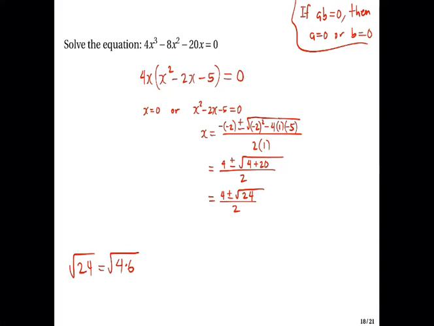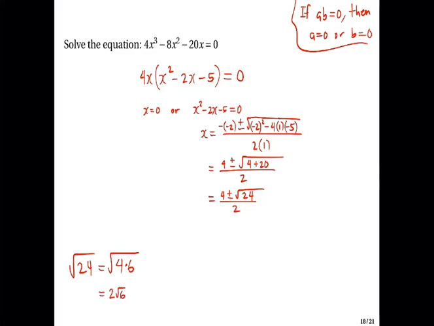Why am I choosing this 4 times 6? Because you can get square root of 4, which is 2. And then square root of 6 is just as is. You cannot simplify that anymore. Okay? So you will have here 2 square root of 6.